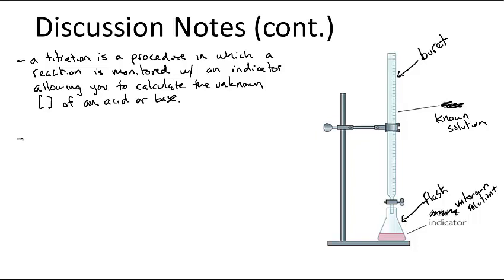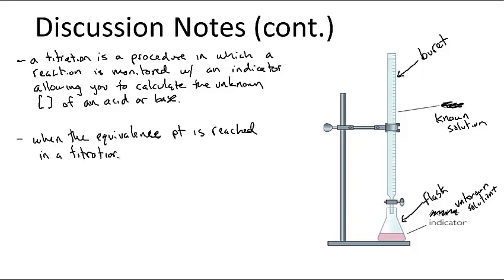Now, we have this point called the equivalence point. When the equivalence point is reached in a titration, for a neutralization reaction, the moles of H+ equal the moles of OH-.